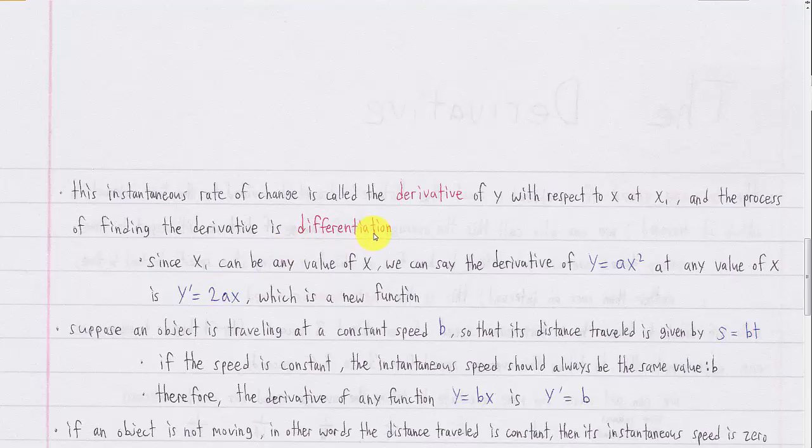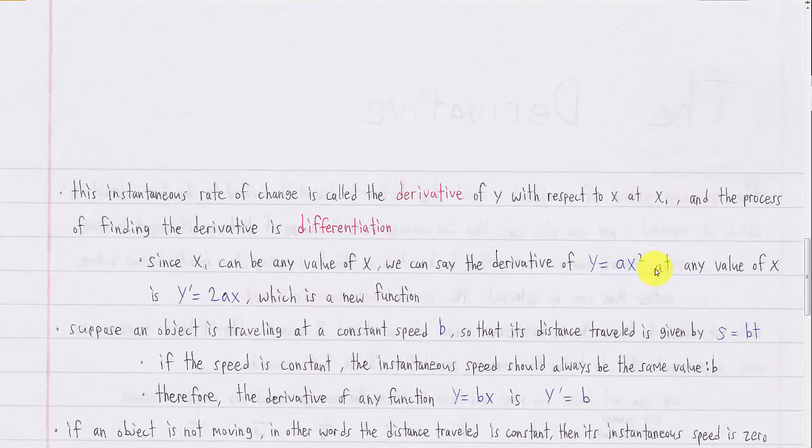So lastly, let's take a look at some other basic derivatives. Let's say the distance formula for an object is a constant, b, times t. That means the object is traveling at a constant speed, b, because we know distance equals rate times time if the rate is constant.